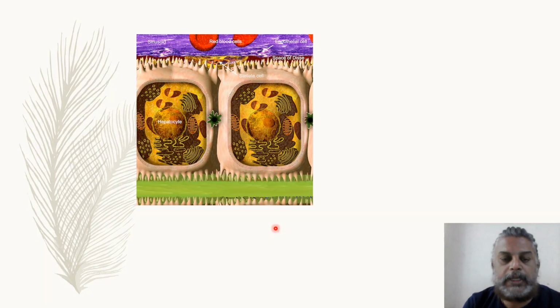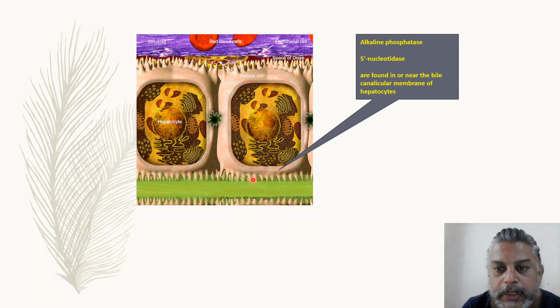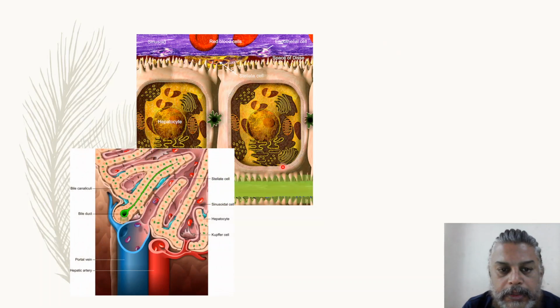If we see the ultrastructure of the liver, the alkaline phosphatase is found near the canalicular membrane of the hepatocytes, and the gamma GT is usually found near the canalicular level of the hepatocytes.